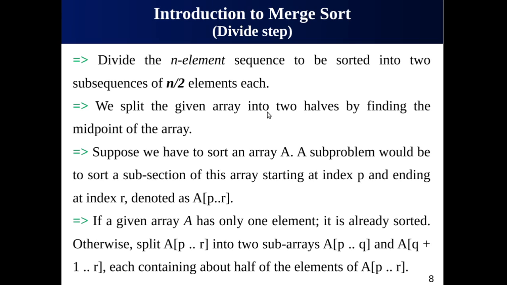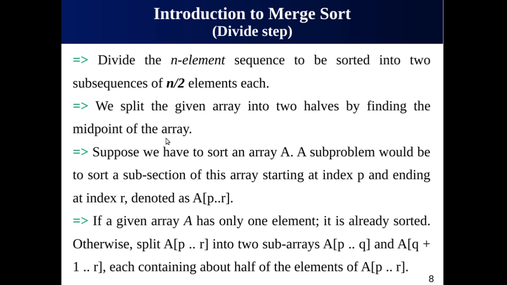It will give you the midpoint. If you have 12 elements, then the midpoint is going to be 6 or 7. If you have 13 elements, then the midpoint is going to be 6 or 7. If you have 14 elements, then the midpoint is going to be 7, and so on. So we have to split the given array into two halves by finding the midpoint using the formula: lower bound plus upper bound divided by 2.